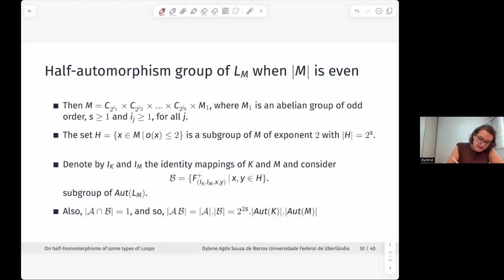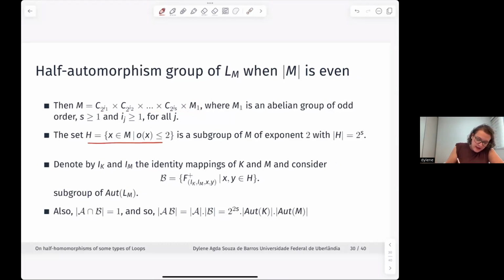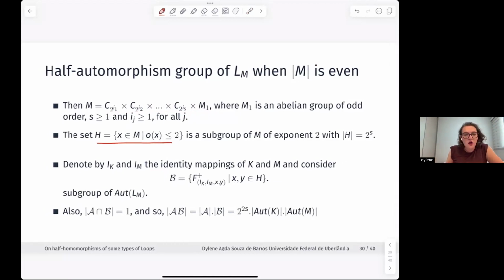We use the set H of all x in M with order less than or equal to 2. We have that H has 2 to the S elements, where S is the number of these components.